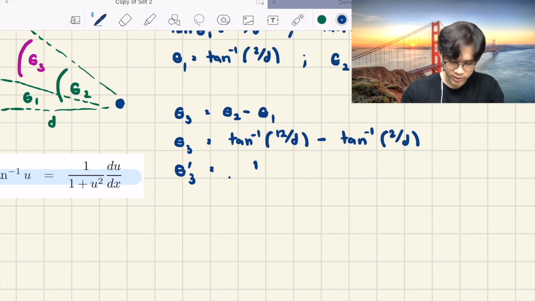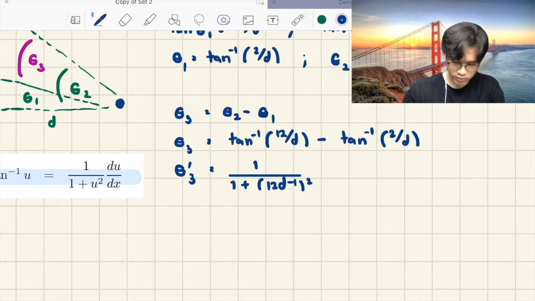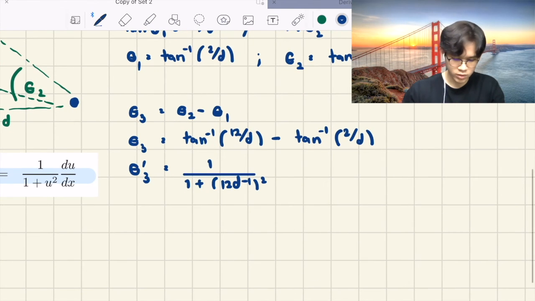So it says 1 over 2 over d negative 1 squared.